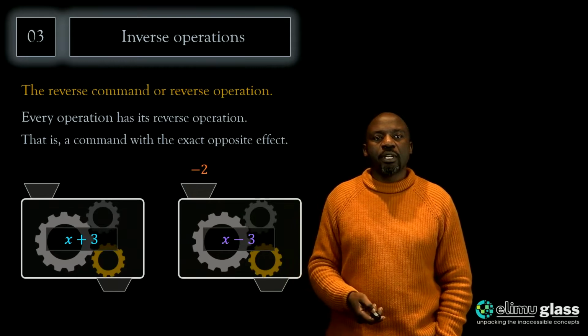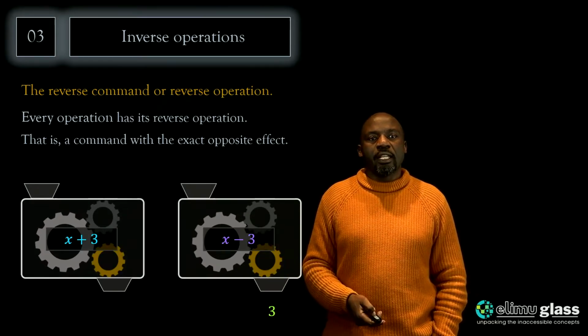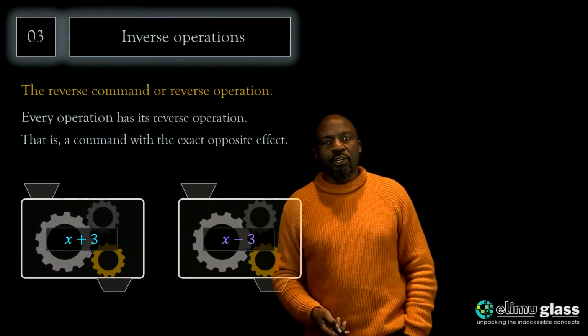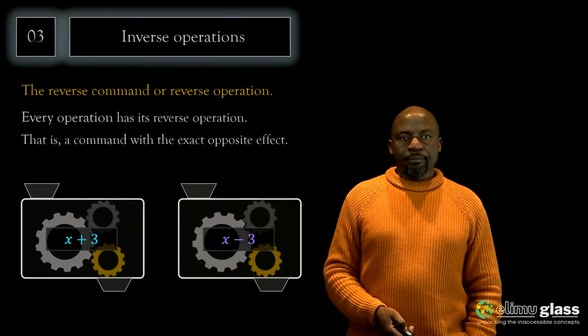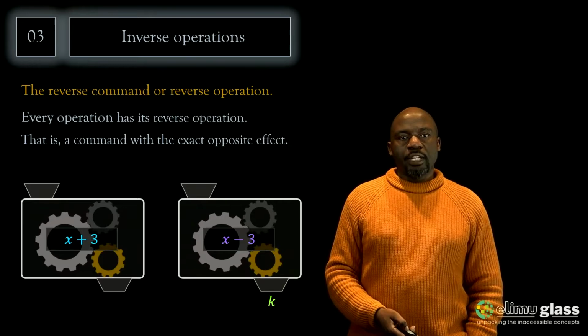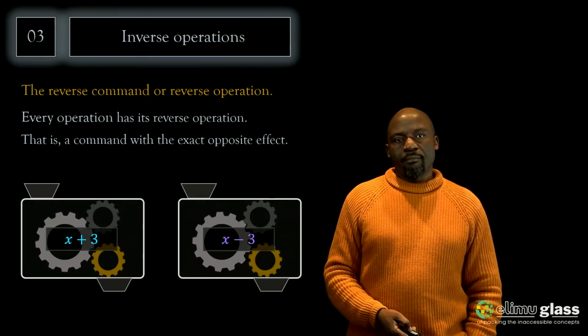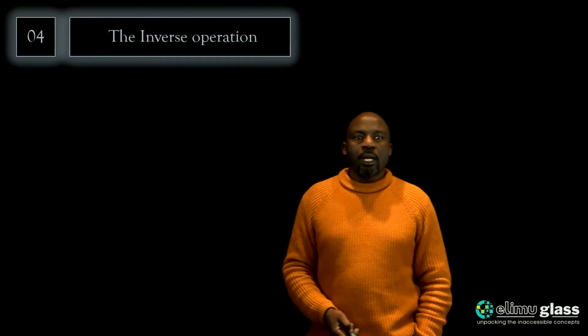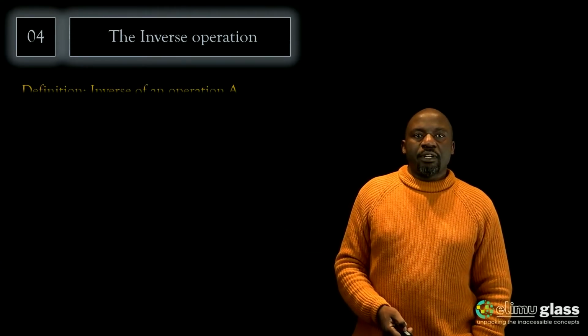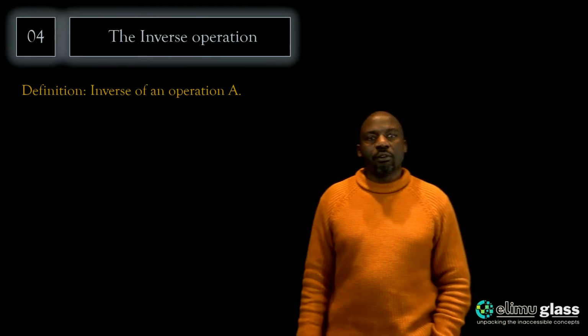Okay, I've already skipped a number of steps, but let's get in there. I will skip additional numbers. 3 gives me 0, as we had said. If I put in k, then I should get k minus 3, like that. Okay, let's see. So then we can define an inverse operator.